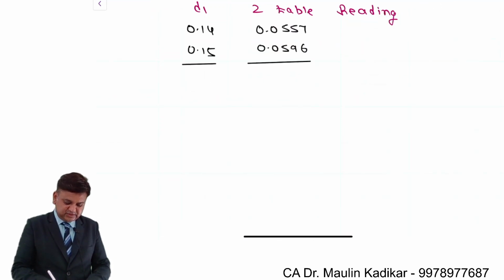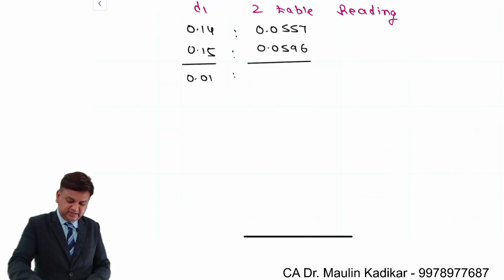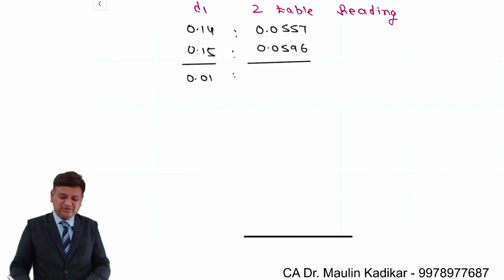We will compute the difference. It is 0.01, then 0.0596 minus 0.0557, so 0.0039.